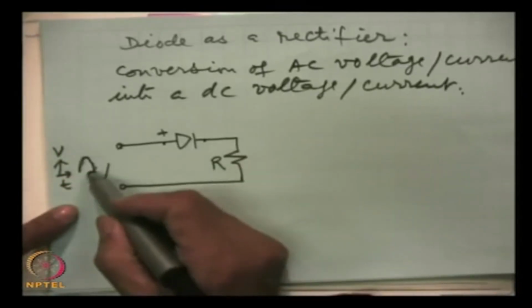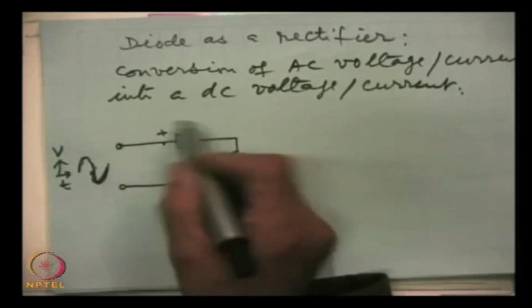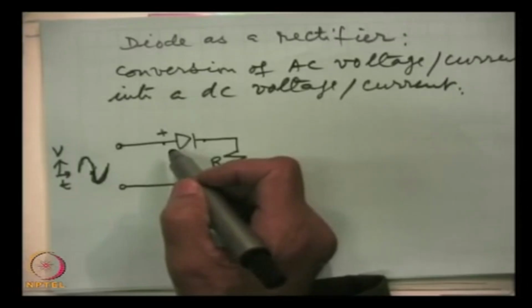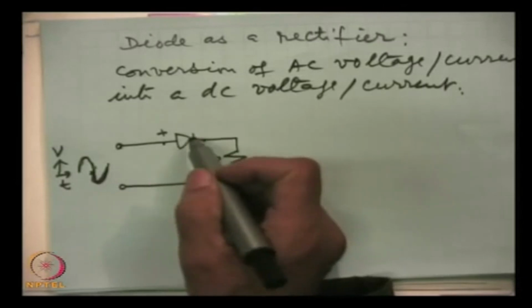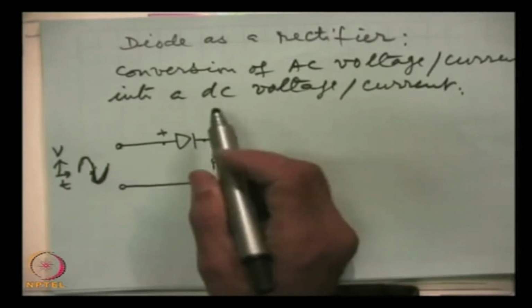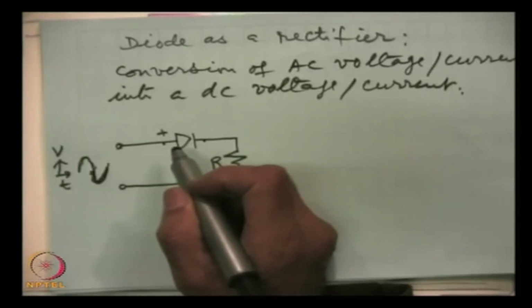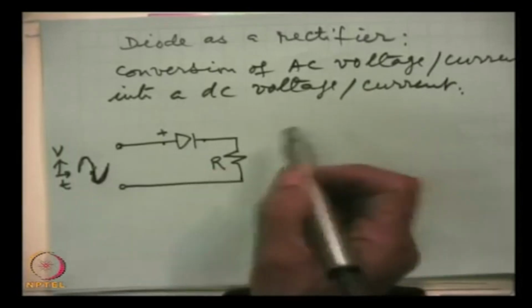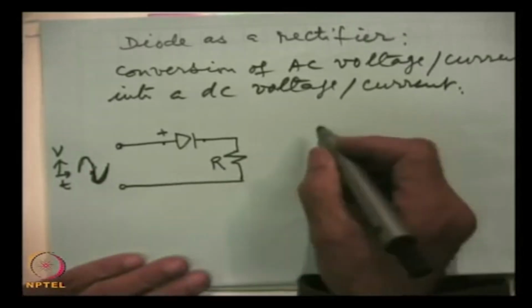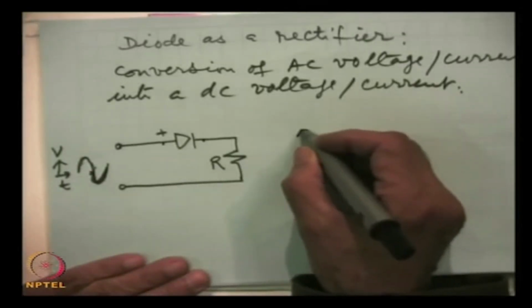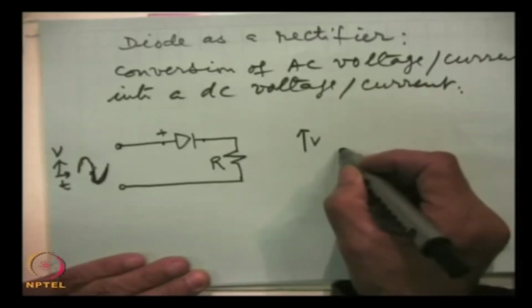In the negative half of the input cycle, this will become a reverse bias diode, and if we consider it ideally, then the resistance is infinite. So, there will be a break in the circuit and the current will be 0 in the circuit, and hence the voltage drop will be 0. So, under this condition, the output waveform, this is the voltage, will be like this.